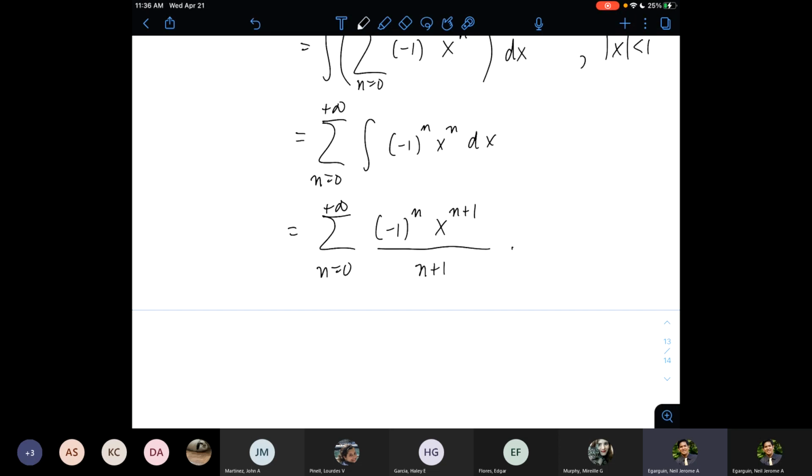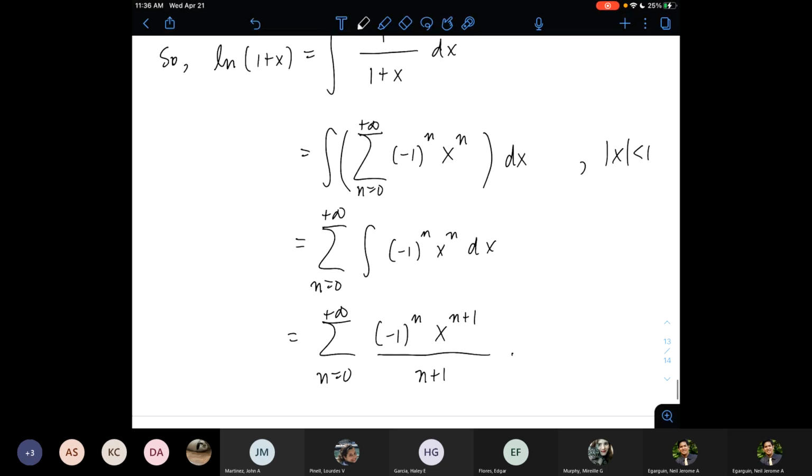And so that's the series expansion for ln of 1 plus x. I guess this is one of those formulas that you can remember. When we go to Taylor series expansions, this might be helpful. The Taylor series expansion of ln 1 plus x is this guy. All right, all good so far?